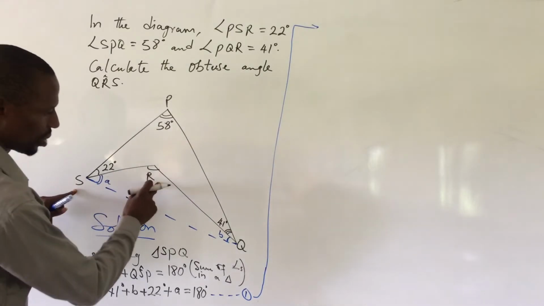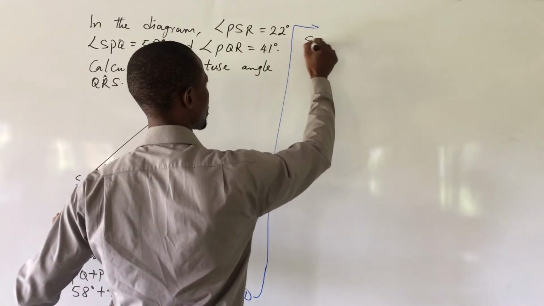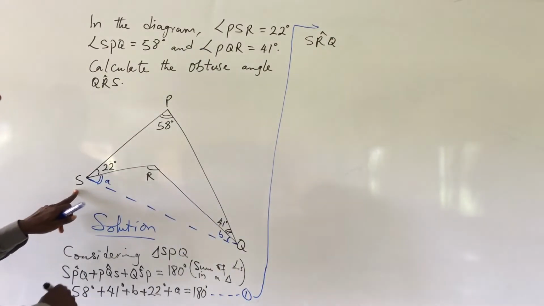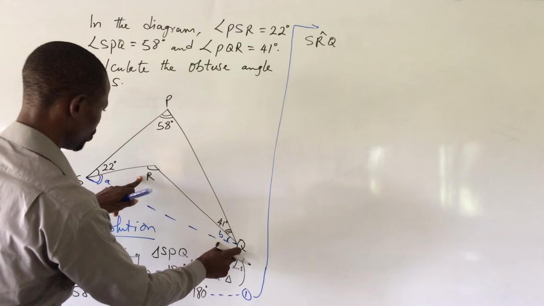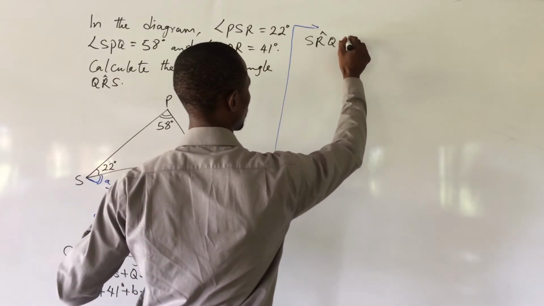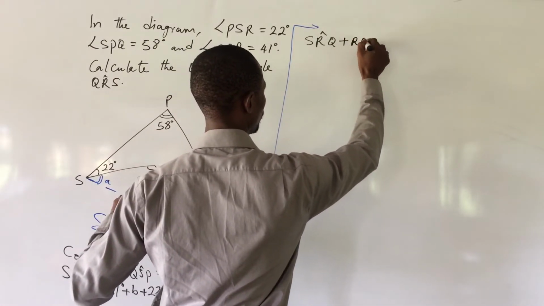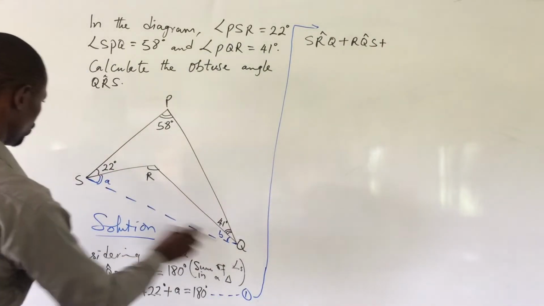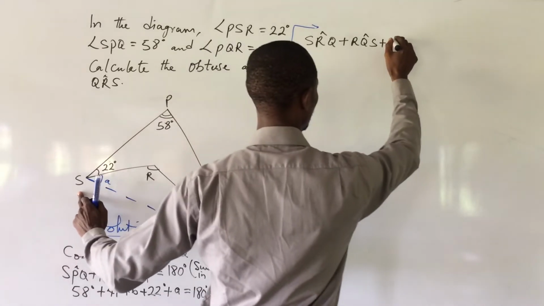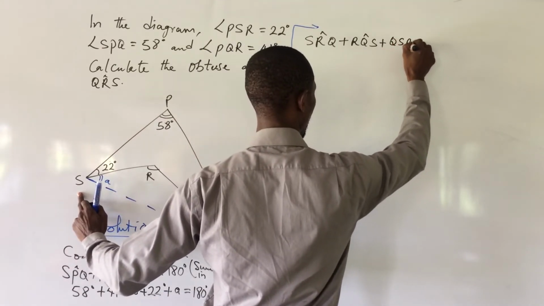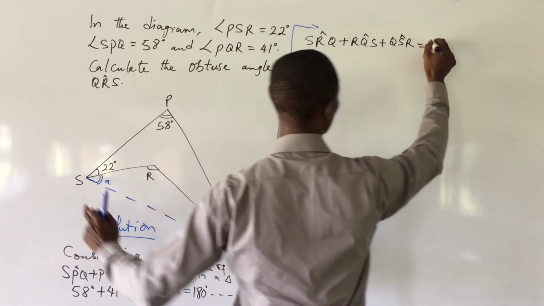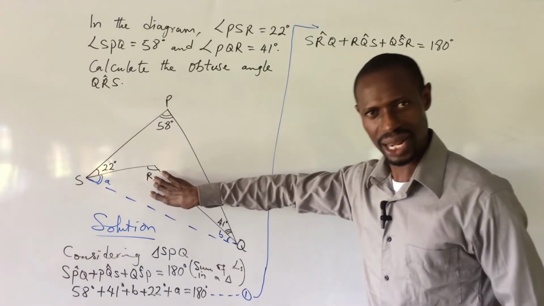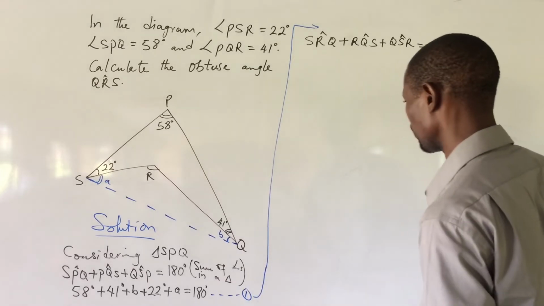So we have XRQ plus RQX plus QXR, all equal to 180 too, because this is a triangle too. What is the reason for this?